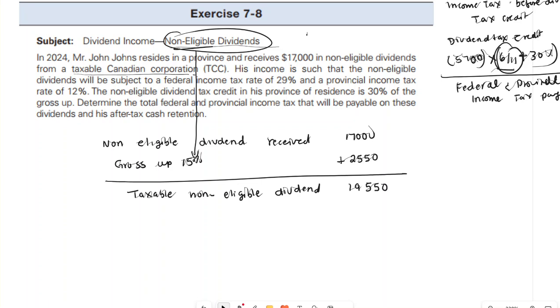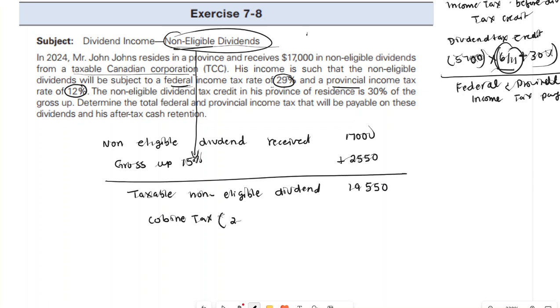Now what we're going to do is this person, Mr. John, pays federal tax 29% and provincial tax 12%. So the combined tax, this person is in combined tax, which is your federal and provincial.